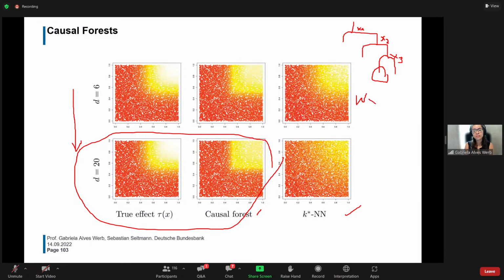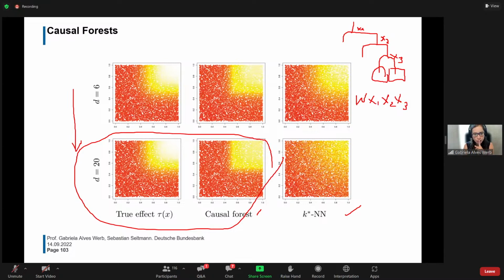Then landing in this node is equivalent to interacting the treatment with x1, x2, and x3, which is typically something that we would not do for all the control variables in the context of a regression, right? Most of the time this would cause many issues, multicollinearity among many others.